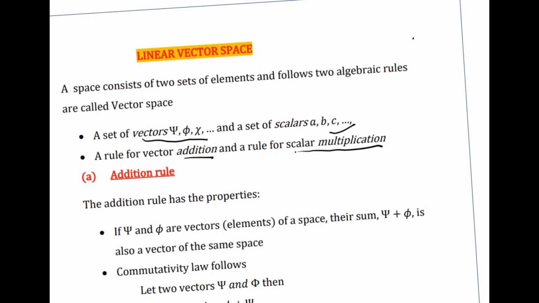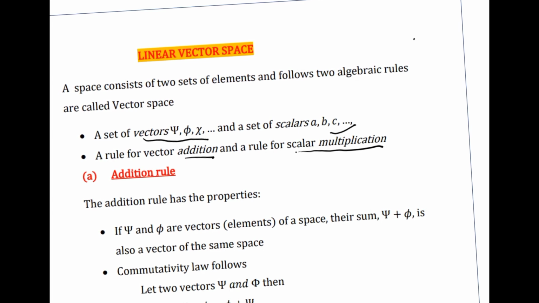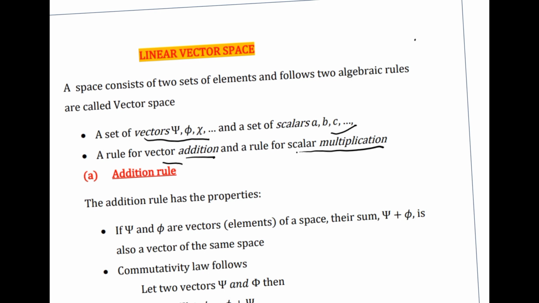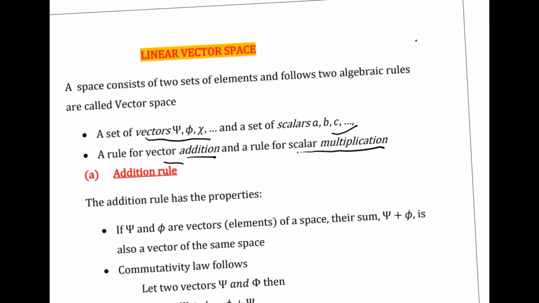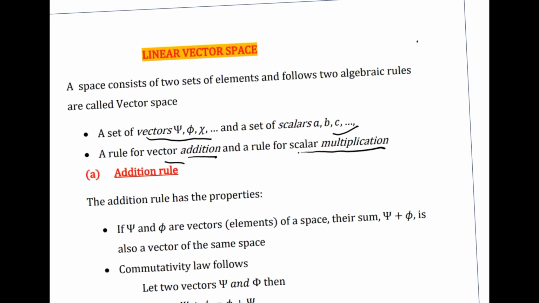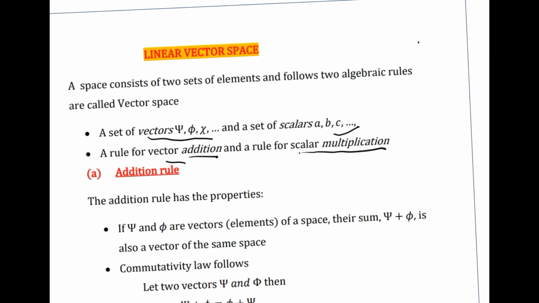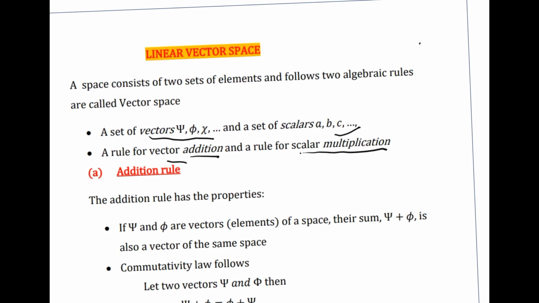One is the vector addition rule and other is the scalar multiplication rule. These rules are described below one by one.